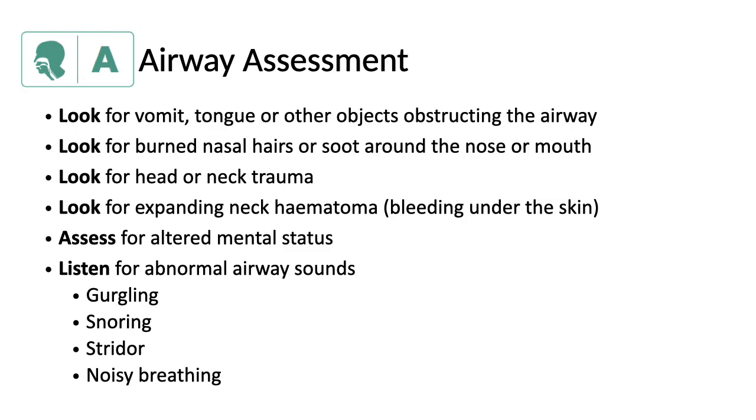Look, assess, listen. Look for anything that can obstruct the airway, like presence of vomiting or bleeding, swollen tongue, or other objects obstructing the airway. Look for features of burning on the face, soot around the nose, and burnt nasal hair. Also look for any obvious trauma in the head or neck, and expanding hematoma, swelling.